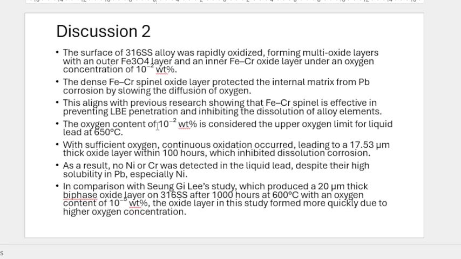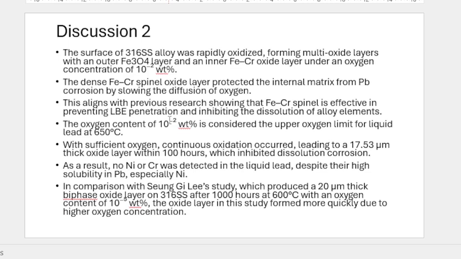With sufficient oxygen, continuous oxidation occurred, leading to a 17.53 micrometers thick oxide layer within 100 hours, which inhibited dissolution corrosion. As a result, no nickel or chromium was detected in the liquid lead despite their high solubility in Pb, especially nickel.